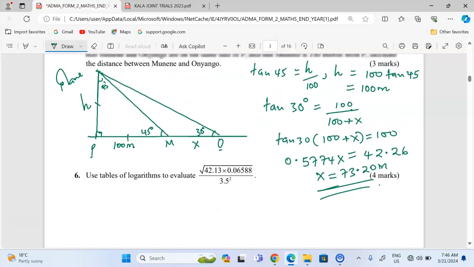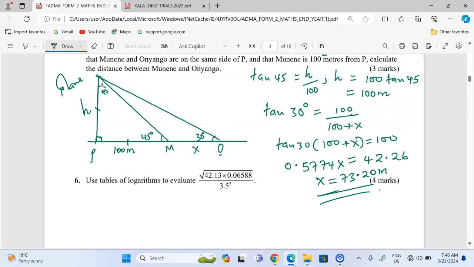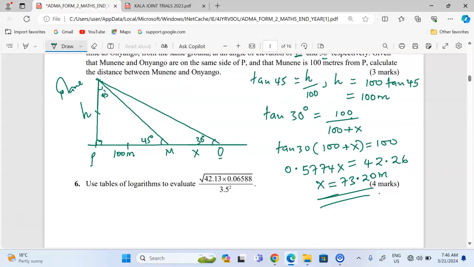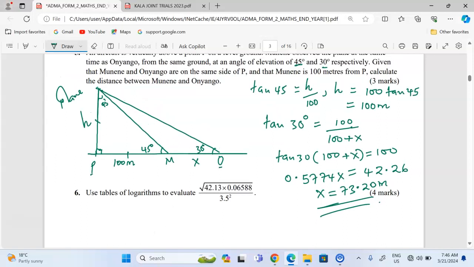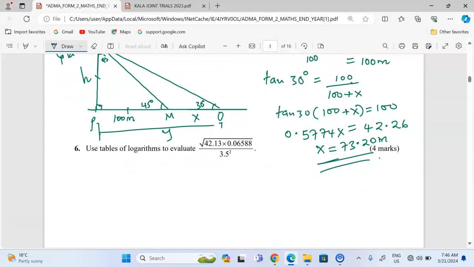to 4 significant figures. Remember, the value of x could also have been obtained otherwise, whereby you even need to get the whole distance here, which can be let to be y. So we talk about the tan of 30 being equivalent to 100 divided by y, such that we can get y by taking 100 over tan 30.